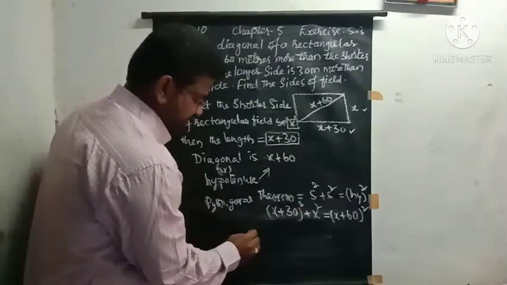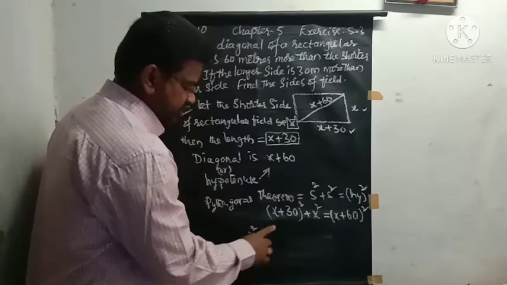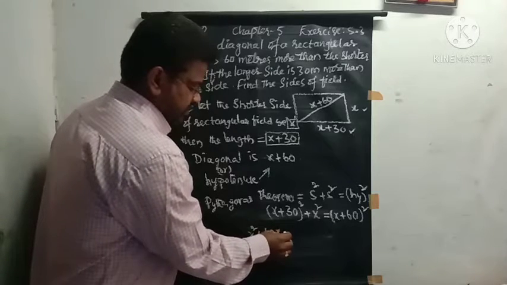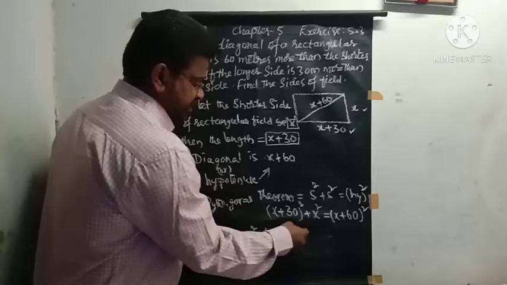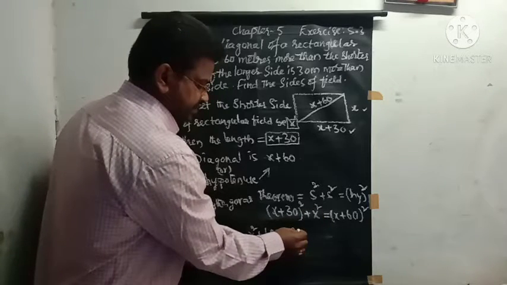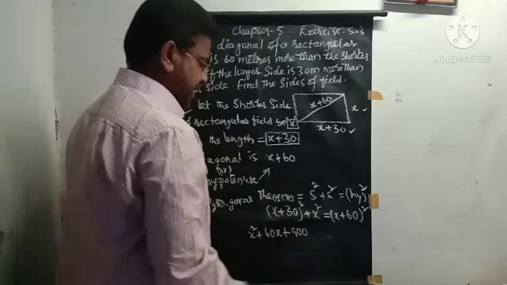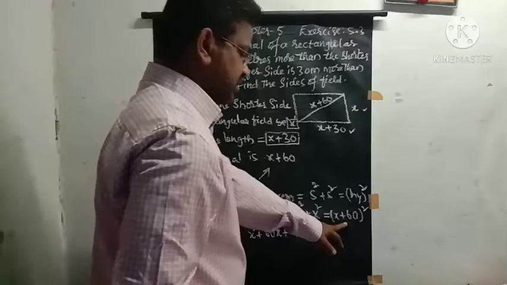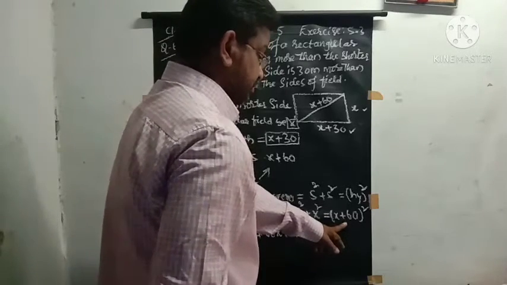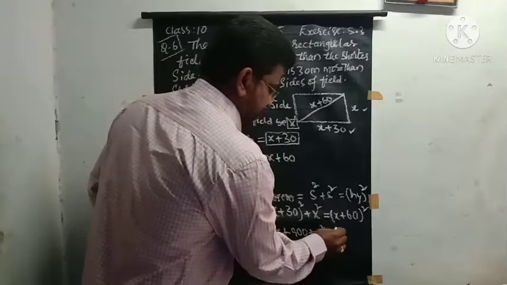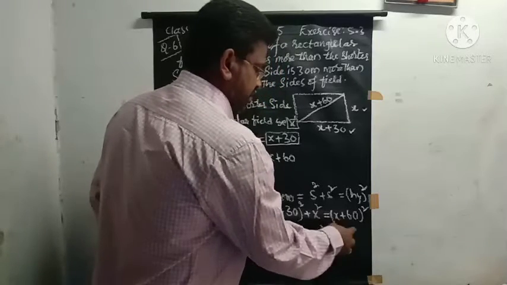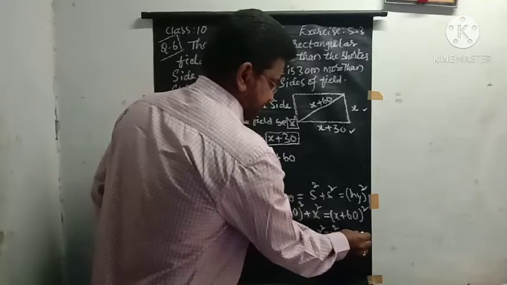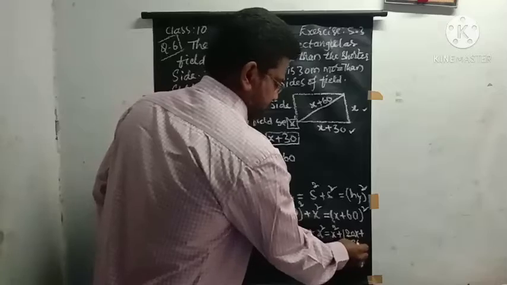Just write it. x square plus 2 into ab, 2 into x into 30, that is 60x, plus 30 square, 900, plus x square. And also you can write this as x square plus 2ab, 2 into x into 60, 120x, plus 60 square, 3600.